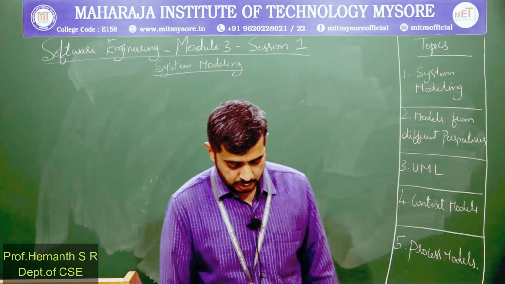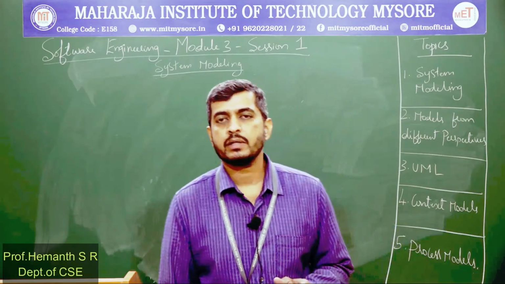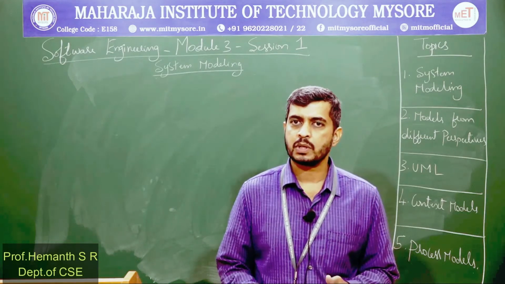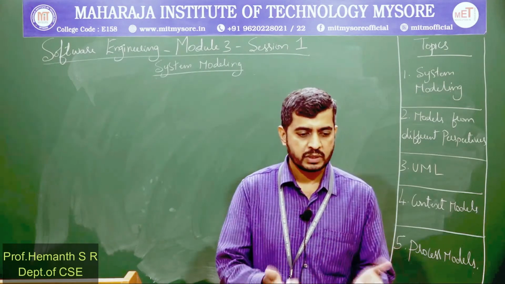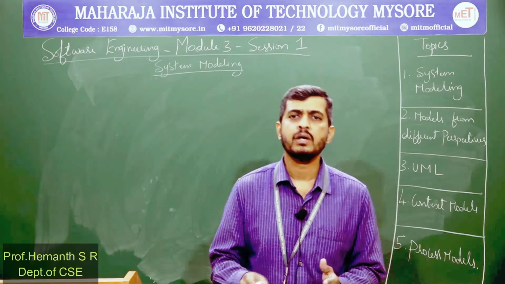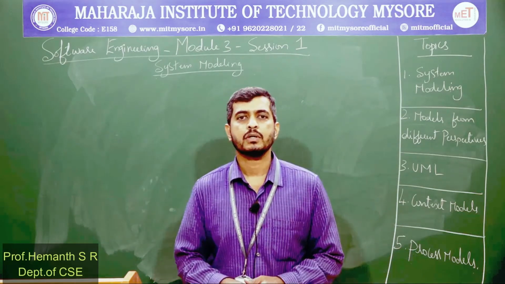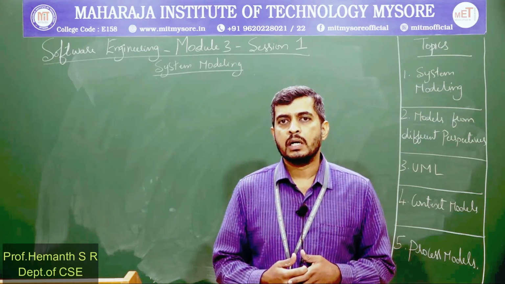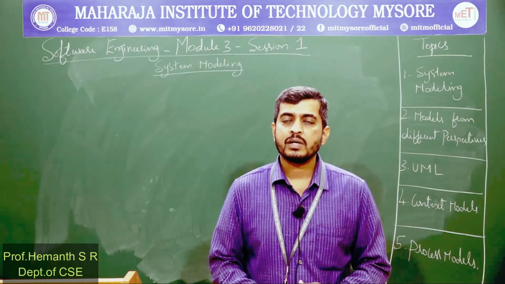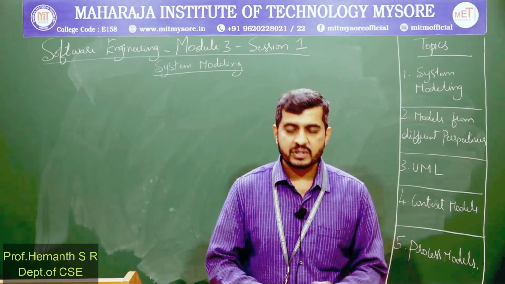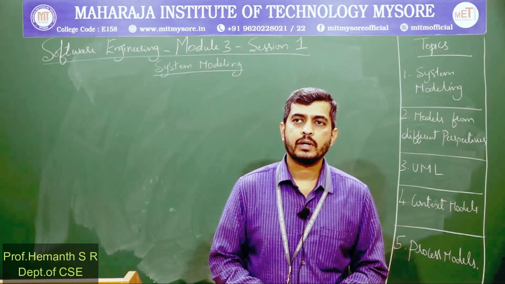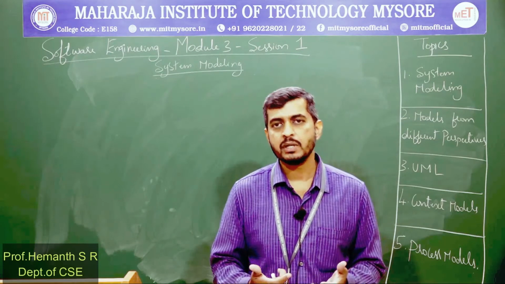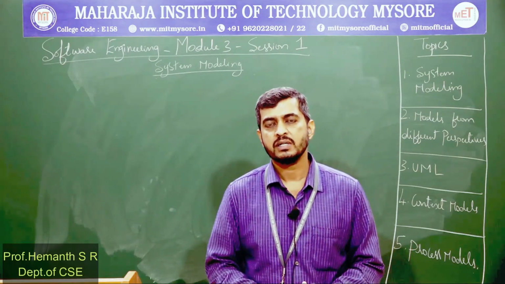Now, already I had made a point: system models do not give complete information about the software in terms of the design. It is not giving a comprehensive coverage of the design plan. The very reason I had mentioned: if you try to put all aspects of the design in the model, it will be congested, it will be clumsy, and it will be difficult to understand.